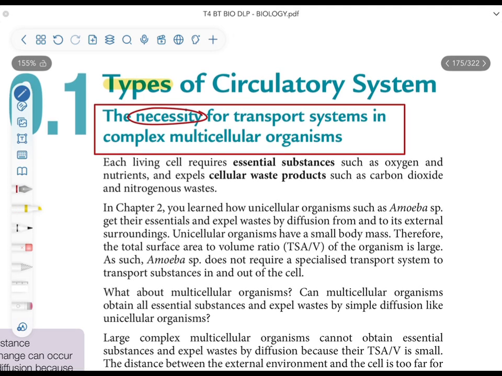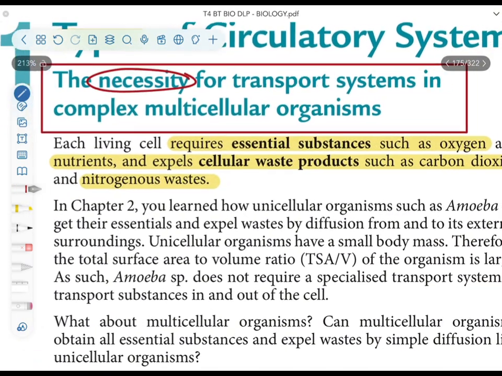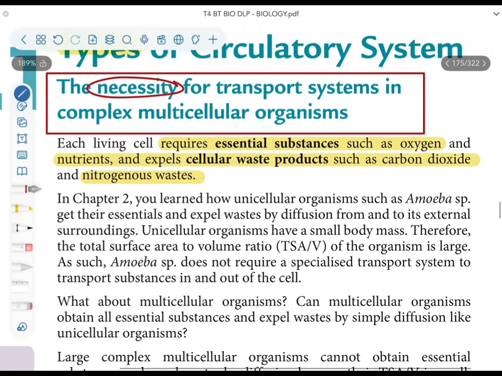First, every living cell requires essential substances such as oxygen and nutrients, and expels cellular waste products such as carbon dioxide and nitrogenous waste. An example of nitrogenous waste is urea.